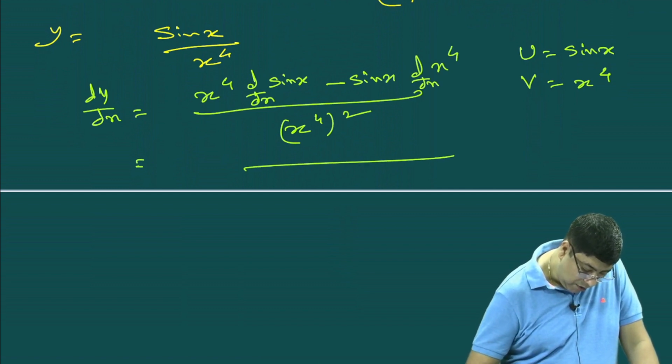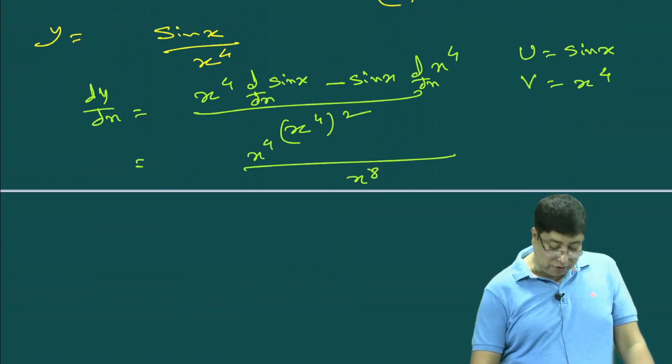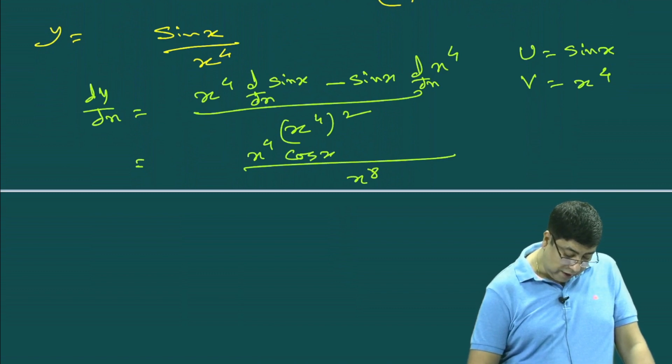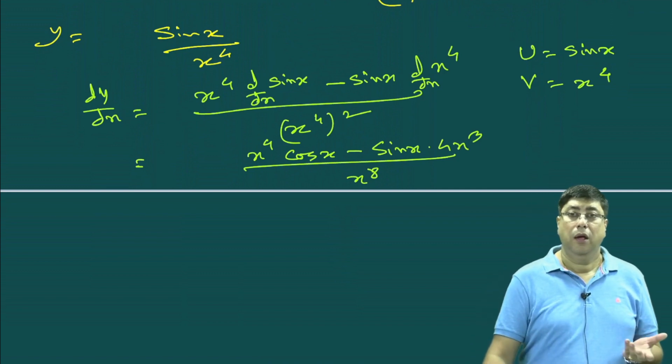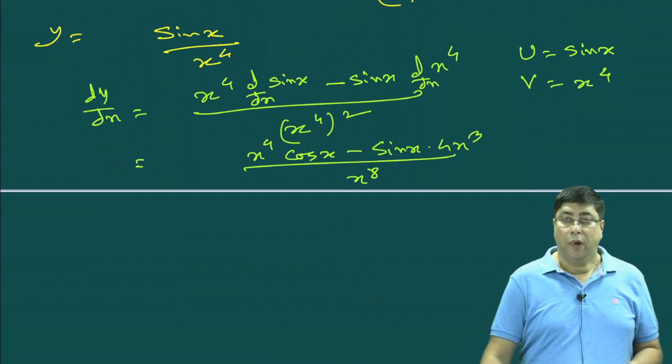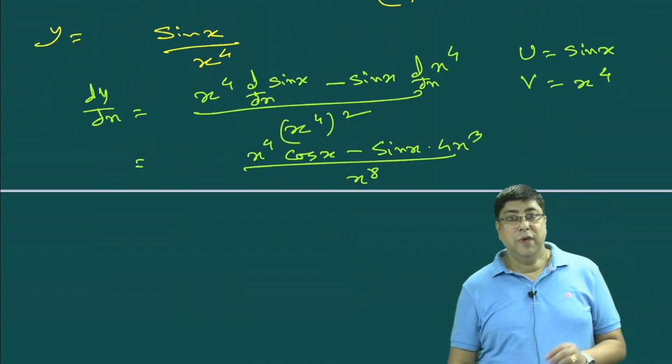So finally it is coming to be x to the power 8. So here it is x to the power 4, sin x derivative cos x. So it is coming cos x minus sin x into 4x cube. Now you can simplify on your own. So this one is the uv formula, one is the u by v formula.